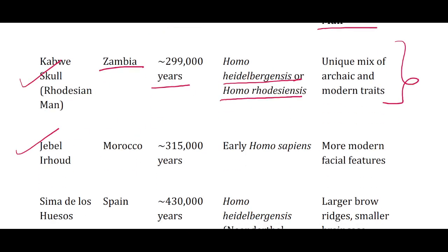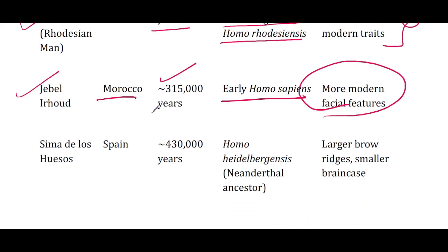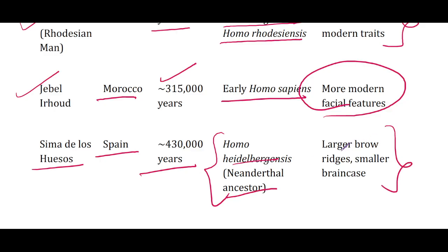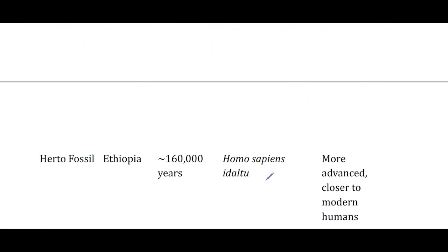Now, Jebel Irhoud, found in Morocco, placed around 315,000 years, classified as early Homo sapiens, and had more modern facial features. Then Sima de los Huesos, found in Spain, placed around 430,000 years, classified as Homo heidelbergensis, an ancestor of Neanderthals, with large brow ridges and a smaller braincase.